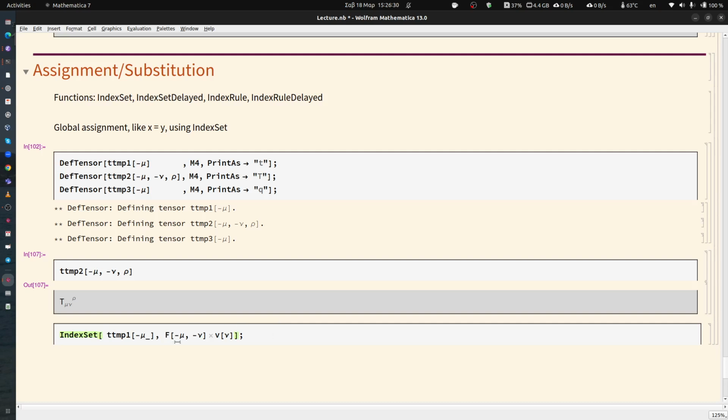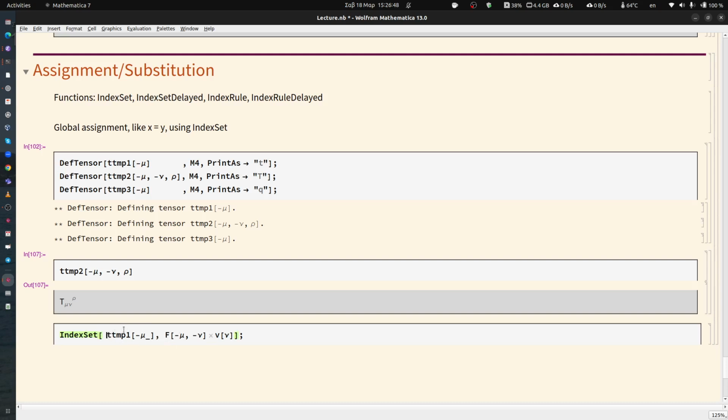Now the second argument is what TTMP1 will be substituted for, and you see that it is the contraction of the tensor f, which we have defined in the beginning of the notebook, and the vector v.